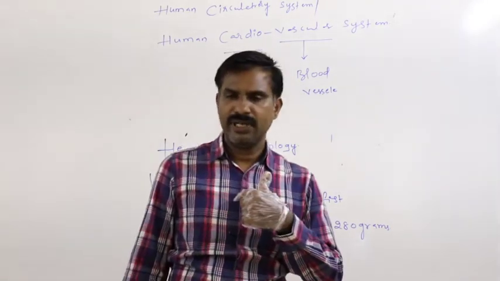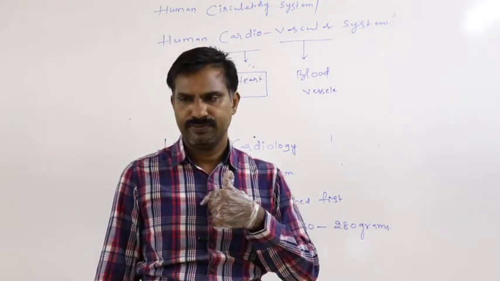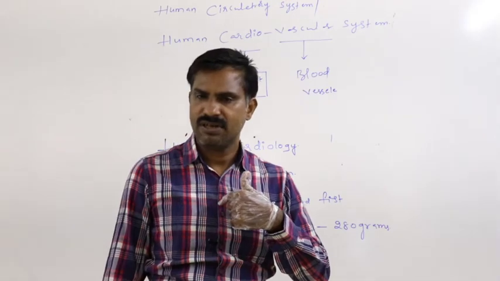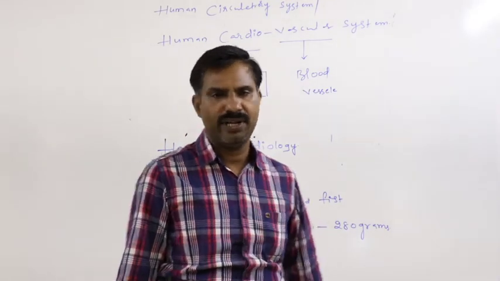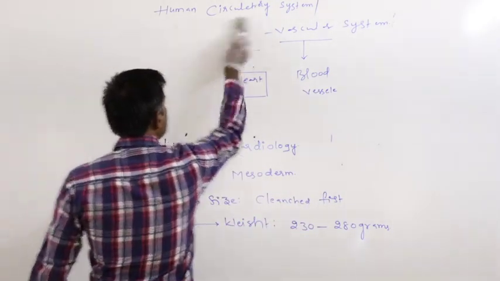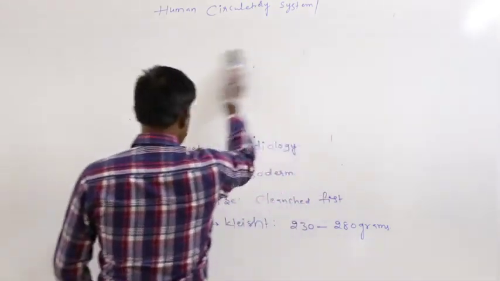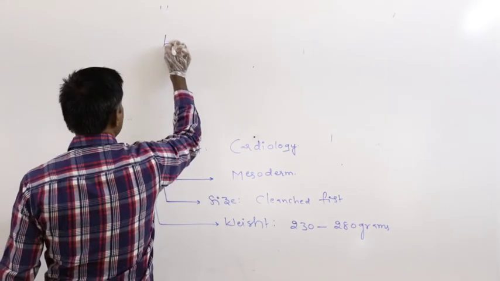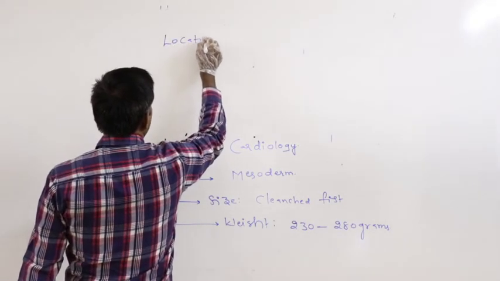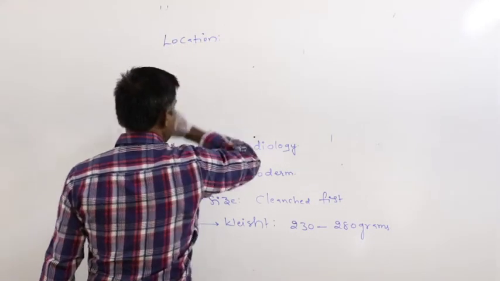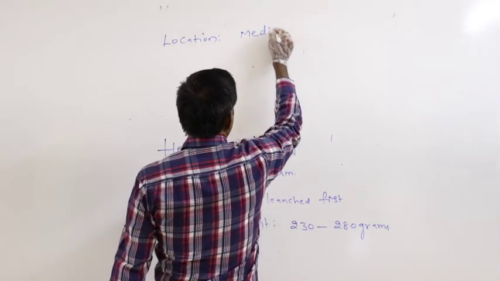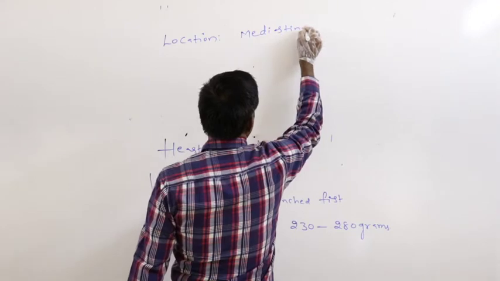Again, where is the heart located? In the mediastinum, in the thoracic cavity. What is the meaning of mediastinum? The location of the heart is the mediastinum.